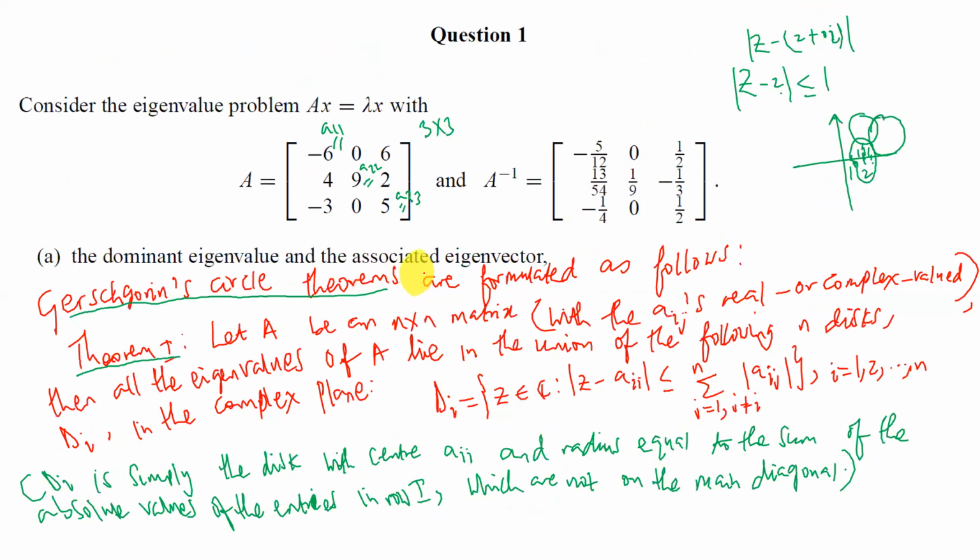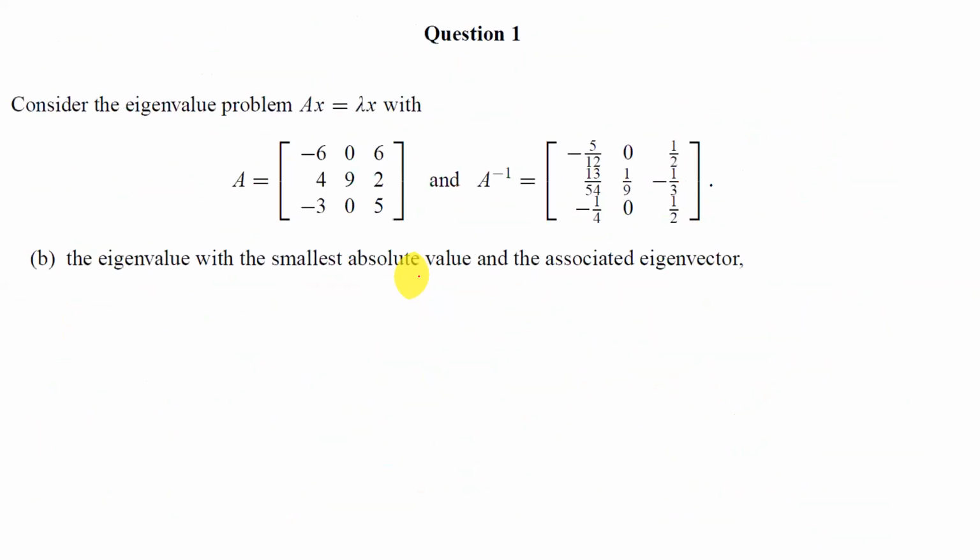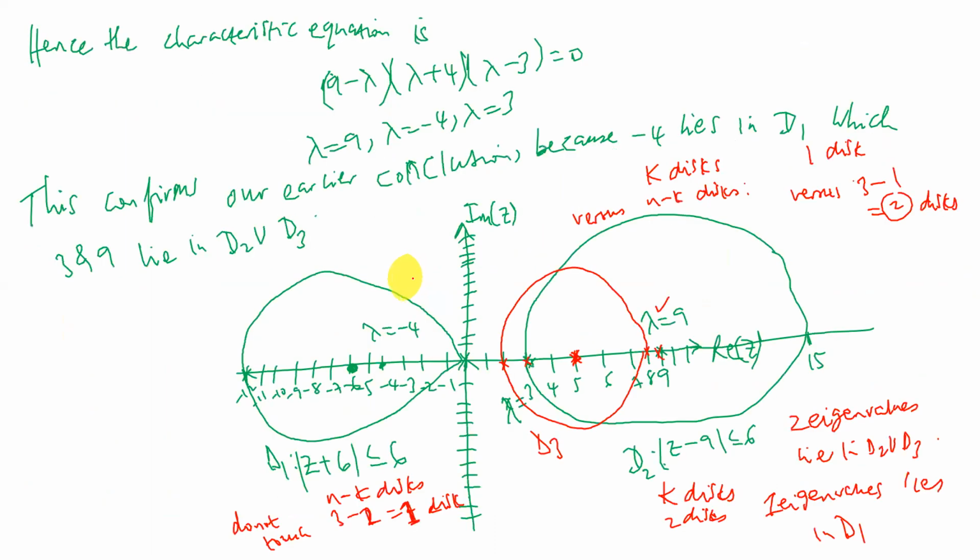So we're going to actually look at the idea of the dominant eigenvalue here. We still need to continue and solve this question here. We still have a good amount of calculations to do.